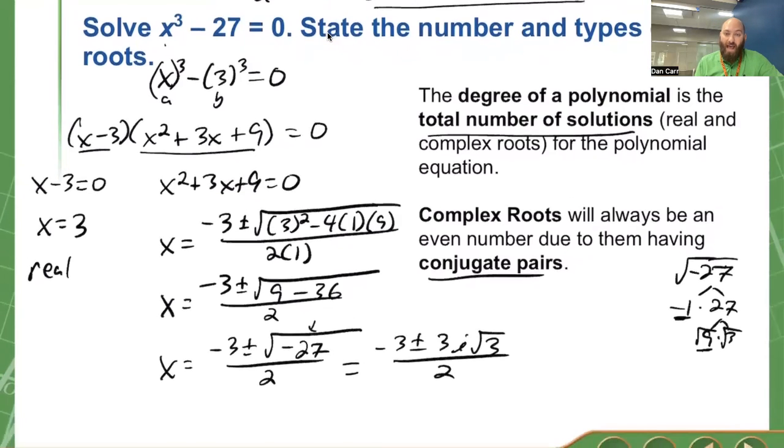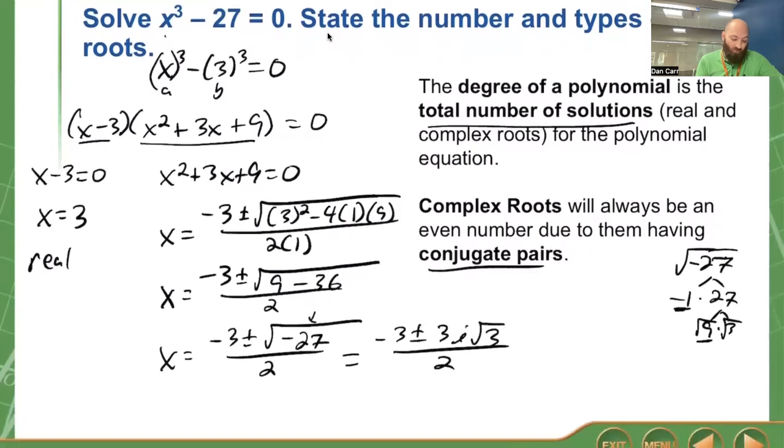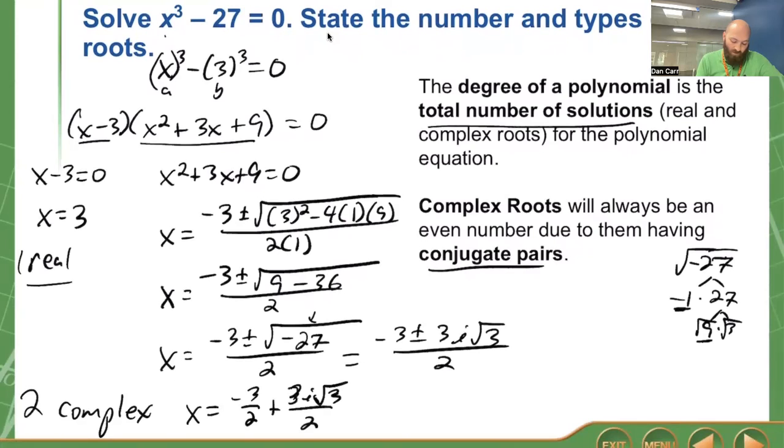So I actually have 3 roots. I have 1 real and 2 complex, because my 2 complex ones are going to be x equals negative 3 over 2 plus 3i root 3 over 2, and negative 3 over 2 minus 3i root 3 over 2.